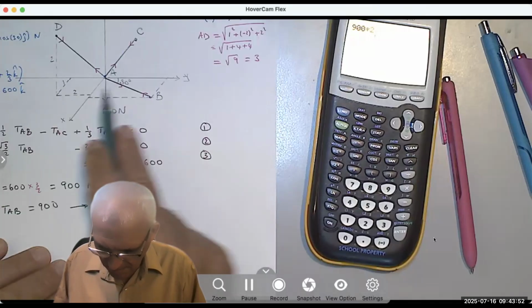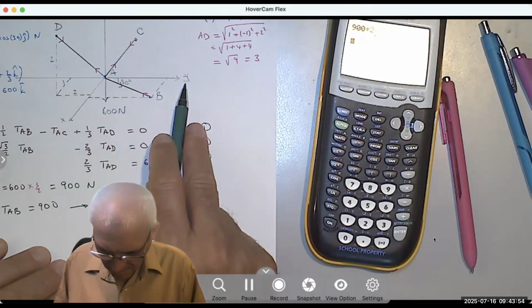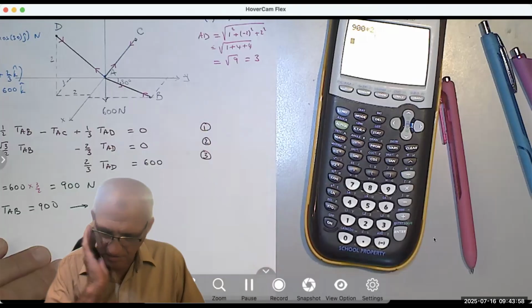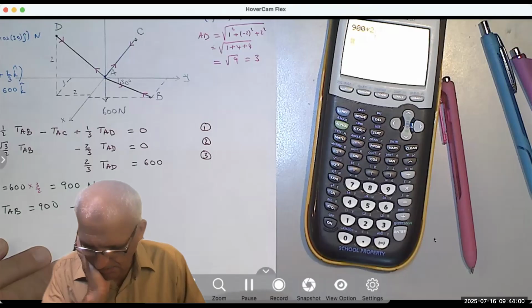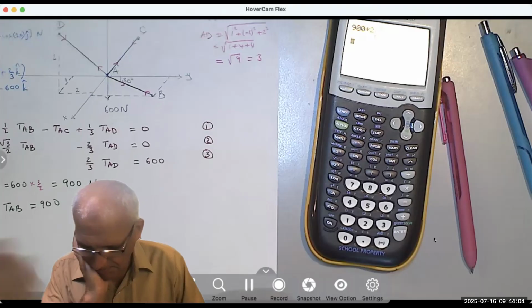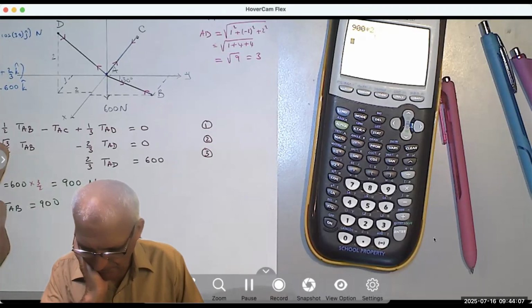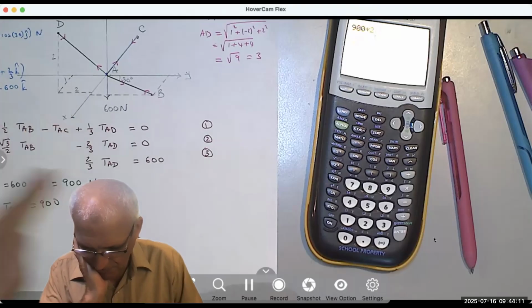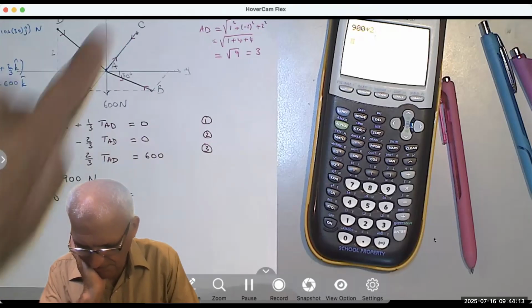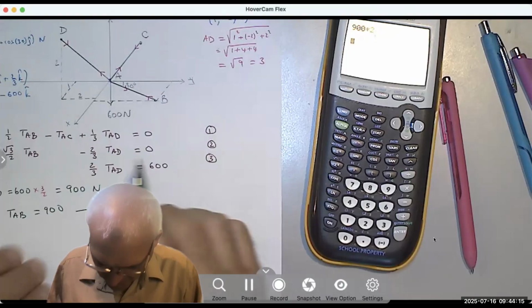In the Y. Why don't I see that in the Y? Yeah, TAB is correct. Root 3 over 2 minus 2/3. And this one doesn't have, this one doesn't have. Okay, so it should be.